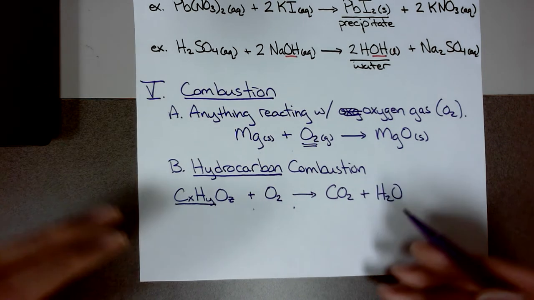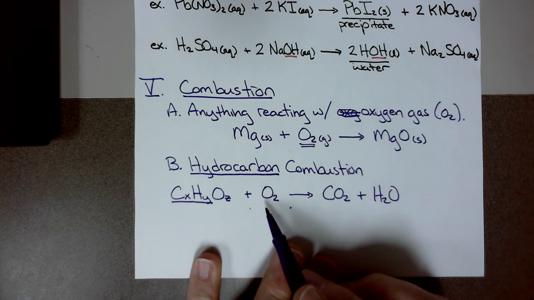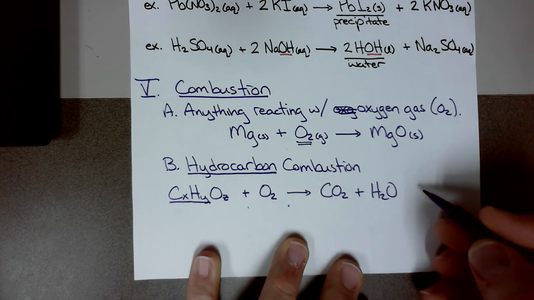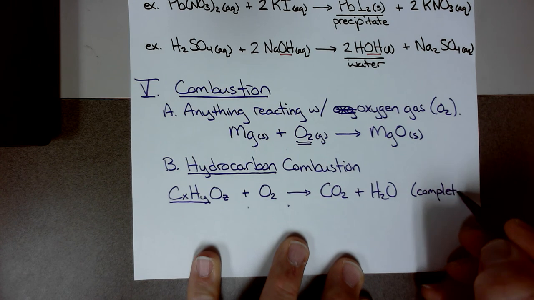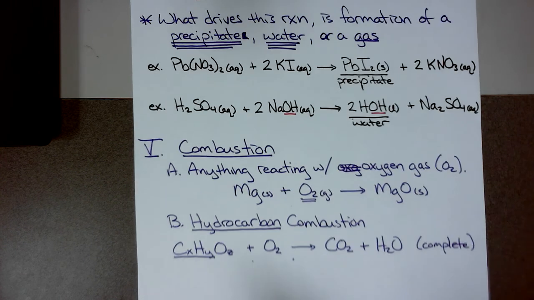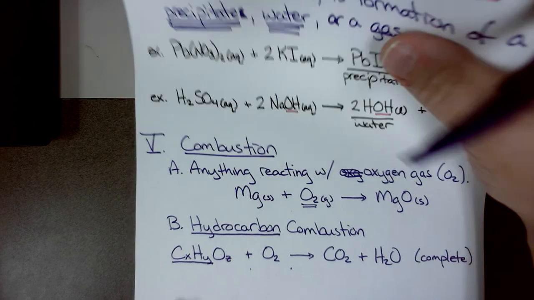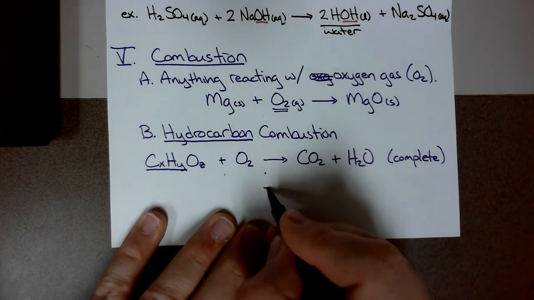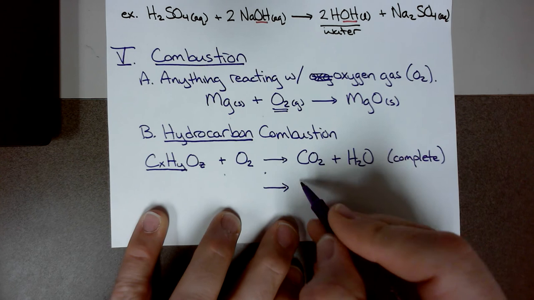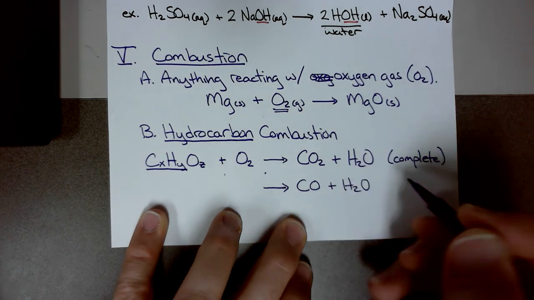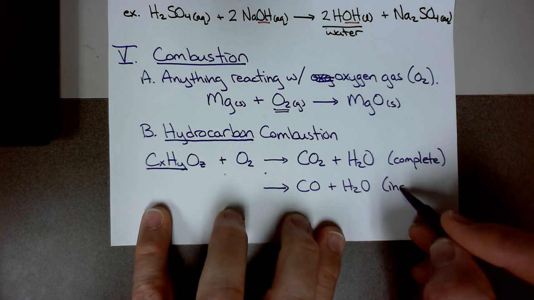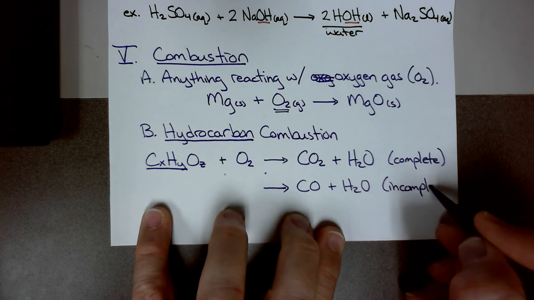Now, if you have enough oxygen, you'll get carbon dioxide, and this is called a complete combustion. But as you run out of oxygen, these two react and you get just carbon monoxide, so you have less oxygen to react, and so that's called an incomplete combustion.